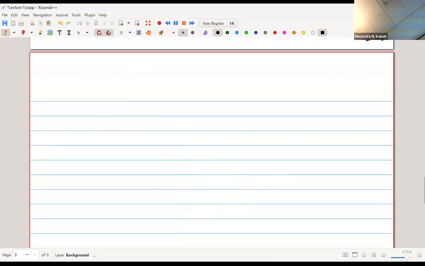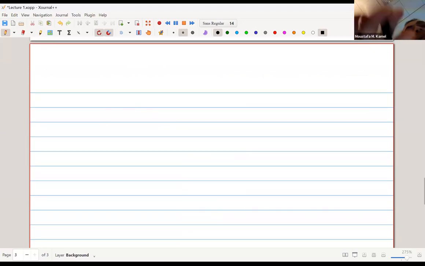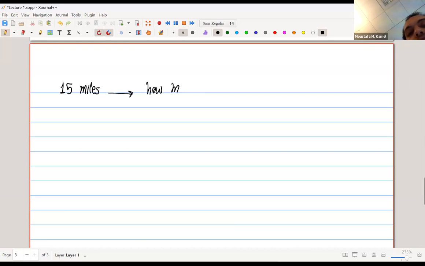So let's give an example of a conversion, and then I will give you guys a couple of examples to work them out. Let's say we want to convert 15 miles, and I want to know how many meters are in 15 miles. Okay.